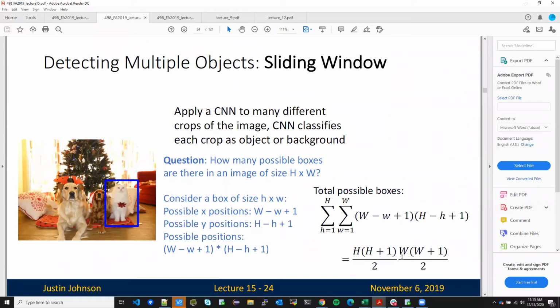And for every box you have to run your classification, which is just very computationally intensive. So if you have an 800 by 600 image, you would have 58 million boxes, and there's no way. And that's just for one image, right?